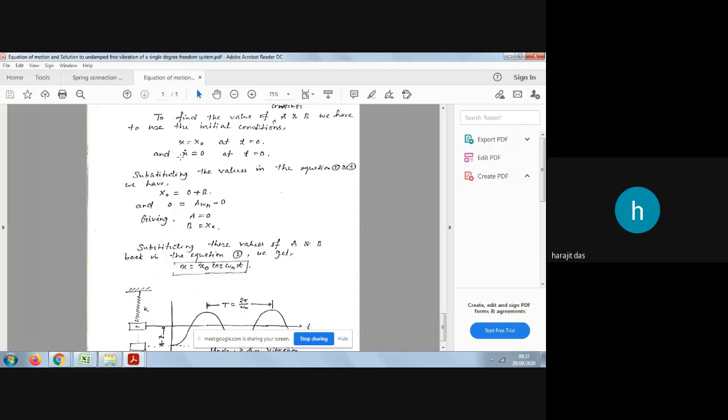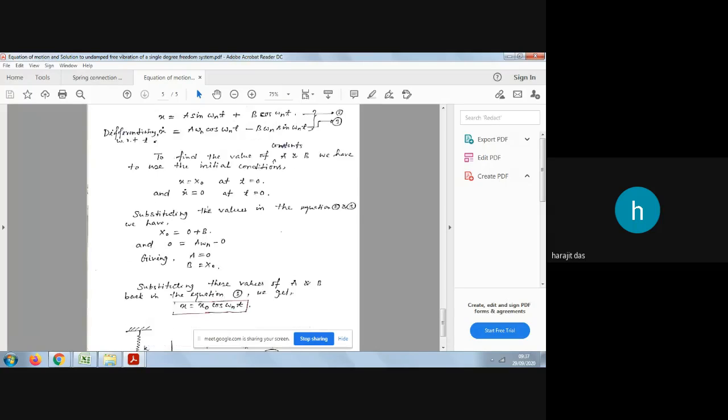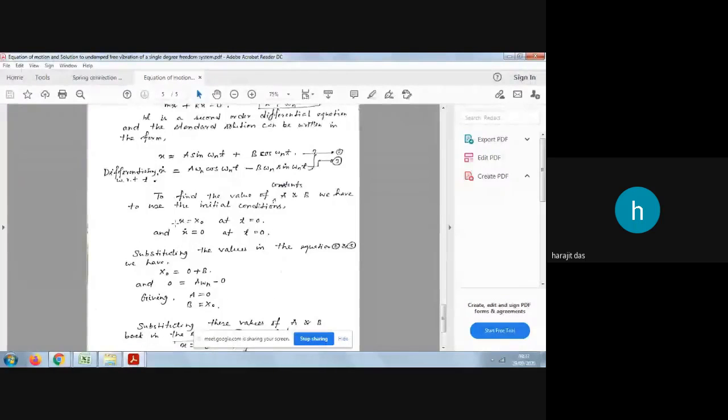Now what we will do? We will put this displacement condition in equation 2, and the velocity condition in the velocity equation. So x equals x naught when t equals 0.